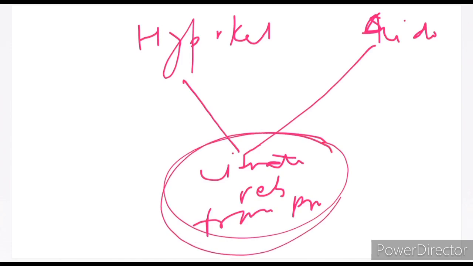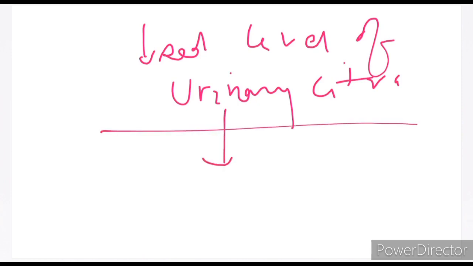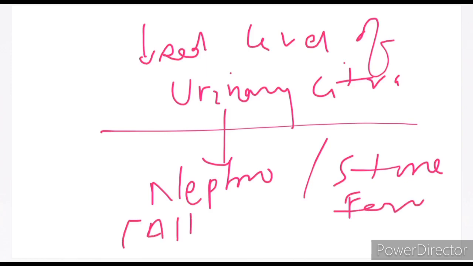And here the proximal tubule is working, so there is decreased level of urinary citrate, and there is nephrocalcinosis, stone formation, as we have alkaline urine, hypercalciuria, and low level of citrate.